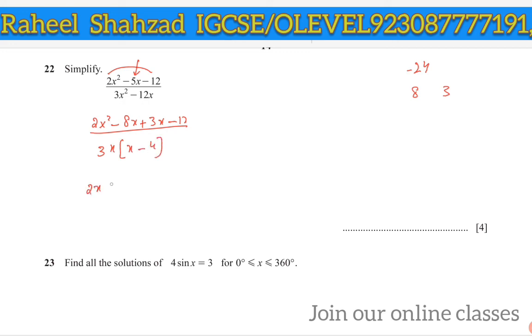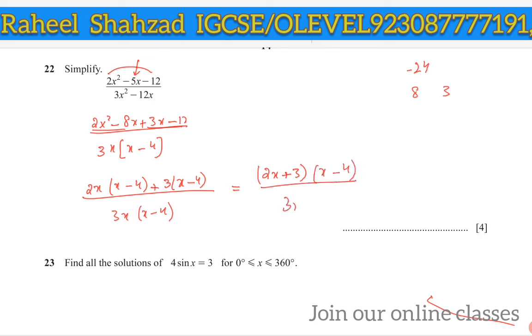In the numerator, we take 2x common from the first two, that makes it x minus 4 plus 3 (x minus 4) whole divided by 3x into x minus 4. That is equal to 2x plus 3 into x minus 4 divided by 3x into x minus 4, and that is equal to 2x plus 3 divided by 3x.